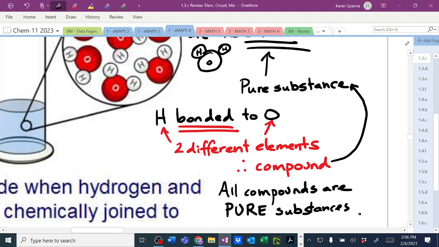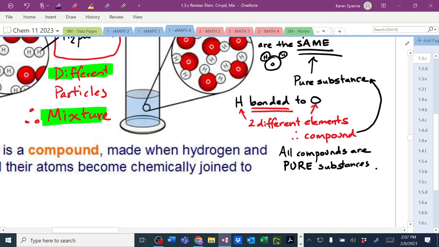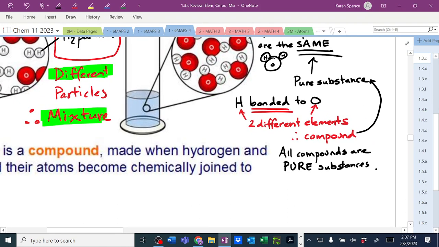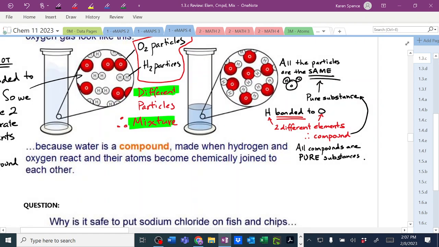As long as you don't mix it with another compound, because if you mix it with a different compound, then of course you have a mixture because you have mixed it. But we'll take a look at that a little bit later. Okay. So any compound on its own is a pure substance because all the particles will be identical.